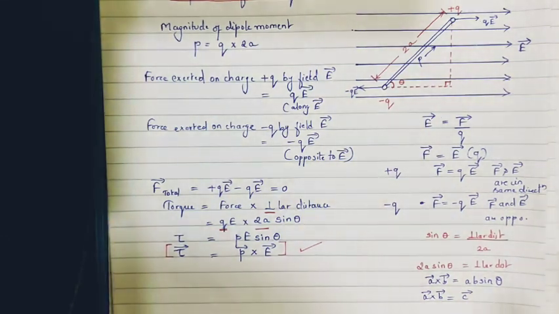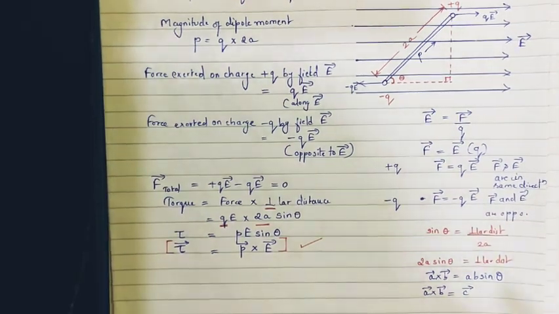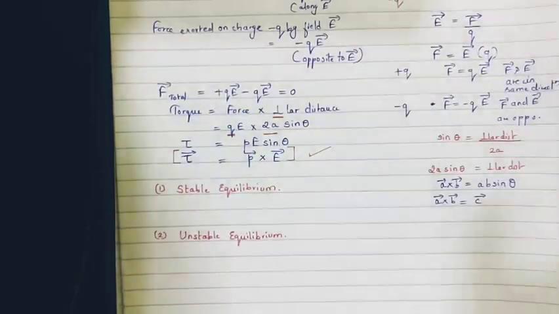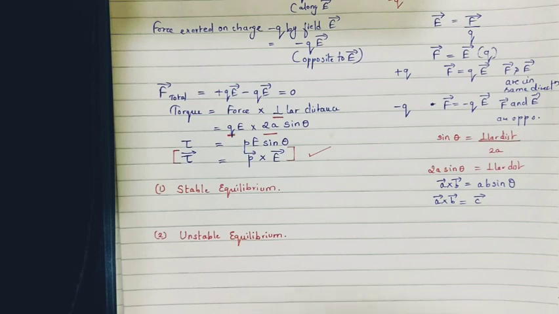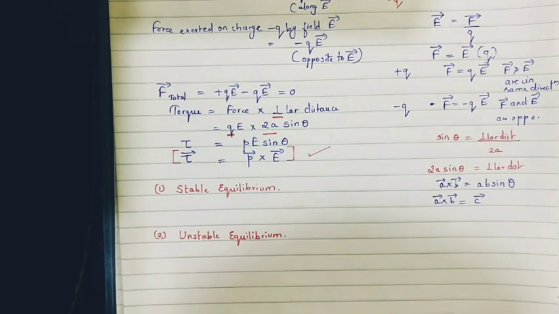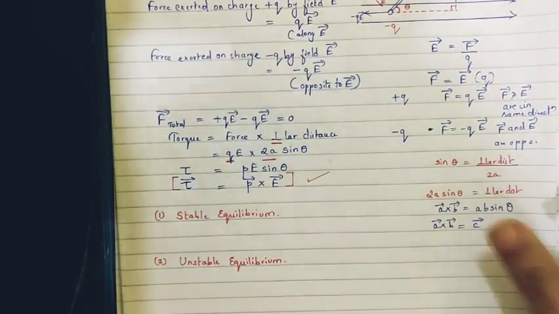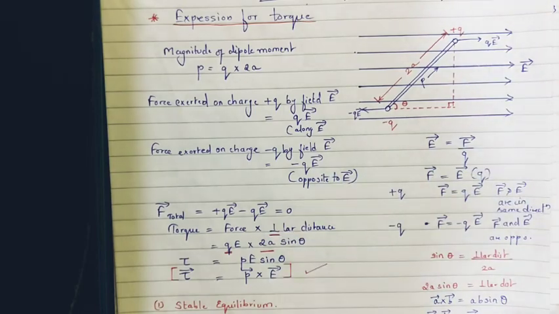Fine. So now let us consider few notes. Let's analyze this expression. In the analysis we have something called stable equilibrium and unstable equilibrium. Stable equilibrium is if your P, that is dipole moment, is in the direction of E. Let's consider this is my figure, this is my dipole.